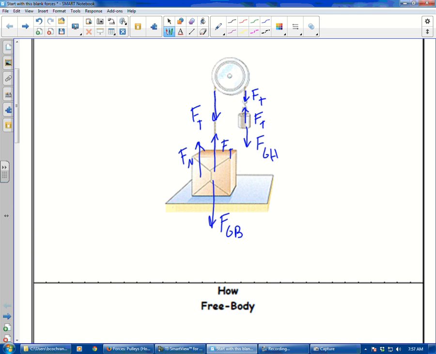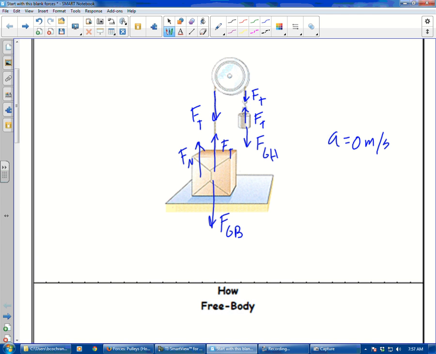Yep, that would be what I would grade as full credit. Probably it'd be a good idea to have this. But that would be a full credit diagram on Monday's in-class problem.